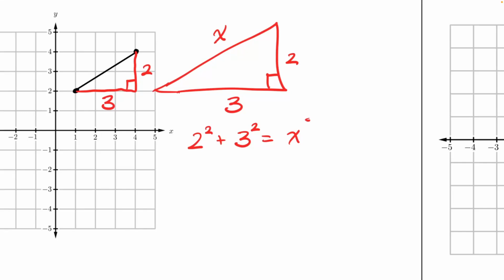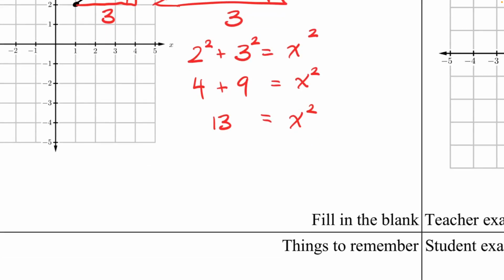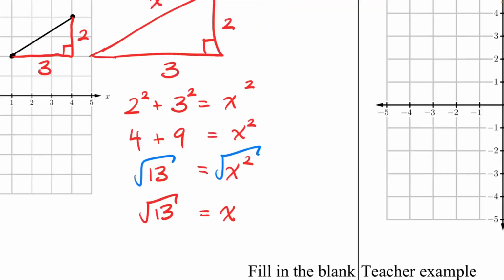Evan, solve. 4, 13 equals x squared. It does equal x squared. And then what do you do to both sides to solve for x? Square root. And therefore, we say that x is equal to the square root of 13. There's a cool shortcut here in a little bit, and I'll show you that once we get there.